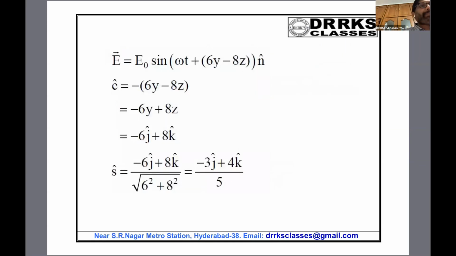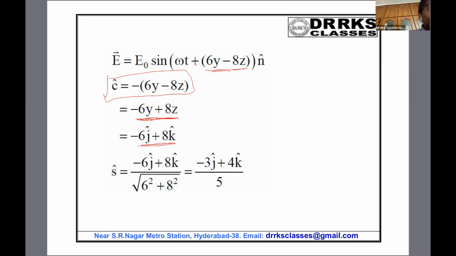As I said, here the plus sign is there. The direction of propagation is along minus 6y minus 8z. It is a vector in the yz plane, that means minus 6y plus 8z. That is the direction of propagation. So you can write minus 6j plus 8k, where k is the unit vector along the z direction.